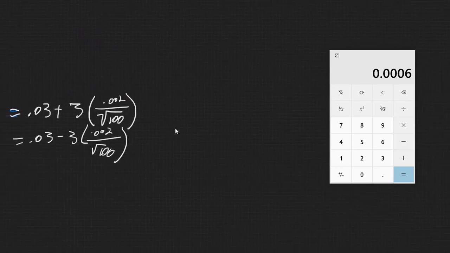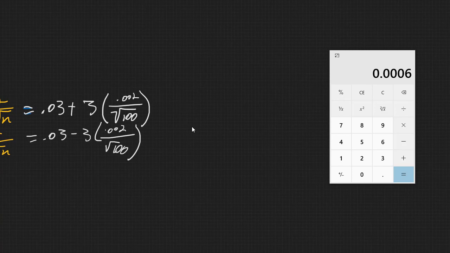Let's keep calculating. I'll do this in another color. 0.002 divided by 10. You know it's 10. Well, maybe you don't know it's 10. The square root of 100 is 10, so that's not a problem.